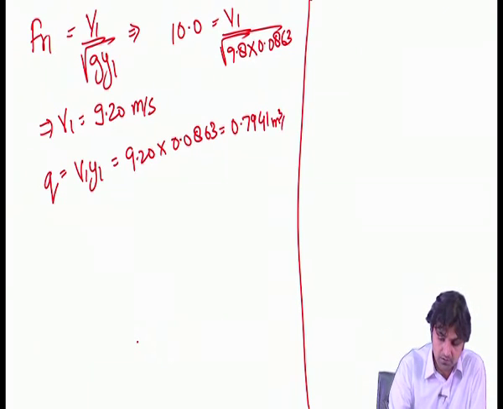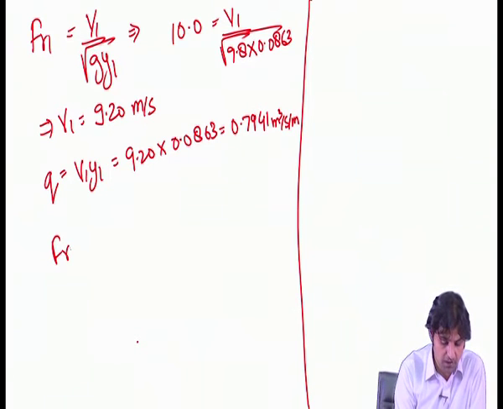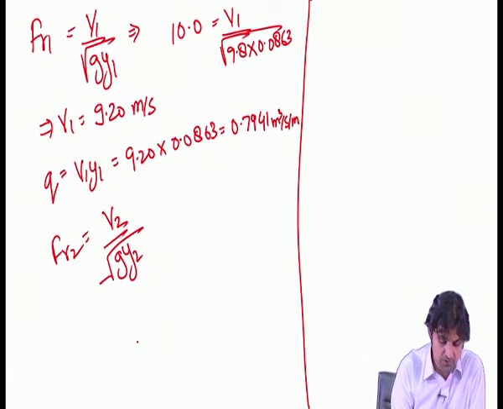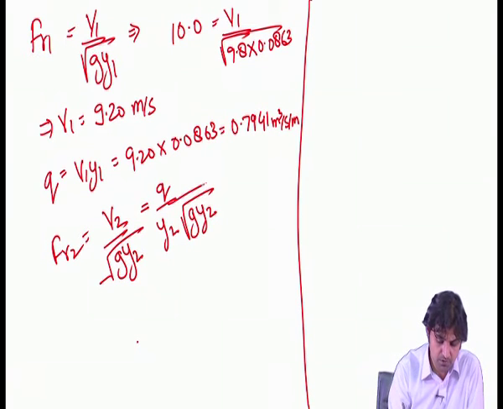is 0.7941 meter cube per second per meter, and Fr2 is pretty simple, V2 by under root g y2, and V2 can be written in terms of q by y2 under root g y2.